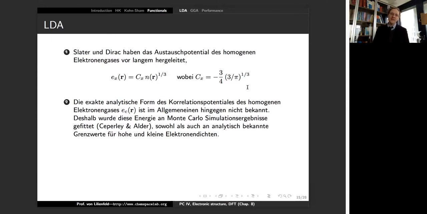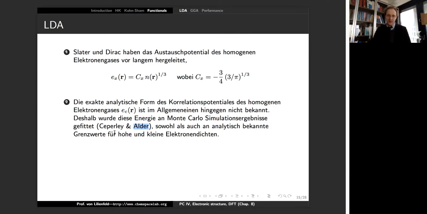And it turns out that the best thing to do is to run a quantum Monte Carlo simulation. And this was done by Ceperley and Alder in the 70s or 80s, I think. And they also exploited known analytical limits for very large and very small electron density.